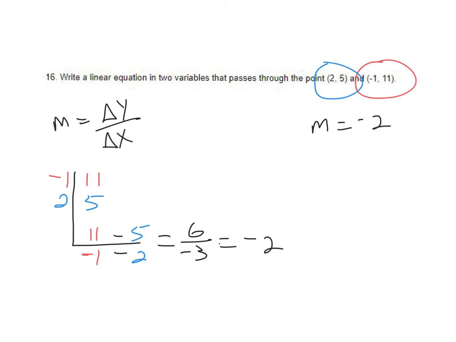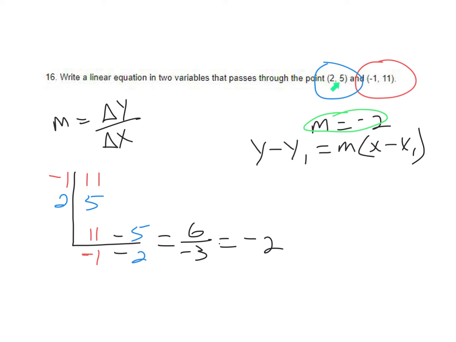So when we use our point slope form, we have y minus y1 equals m times x minus x1. All right, so then we just plug in. Of course, this m value is going to replace the m. So the negative 2 will replace the m, and then we're just going to pick one of these points. So I'll use the 2 and the 5.